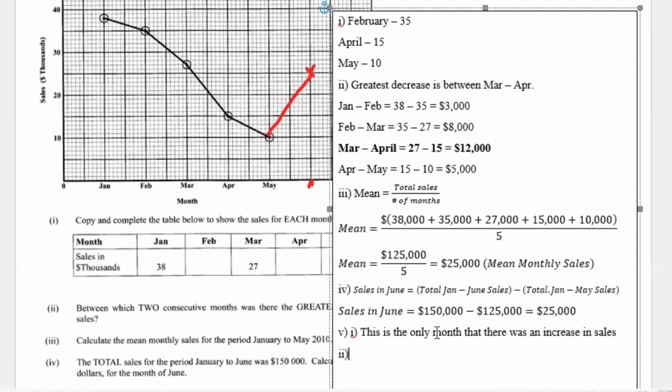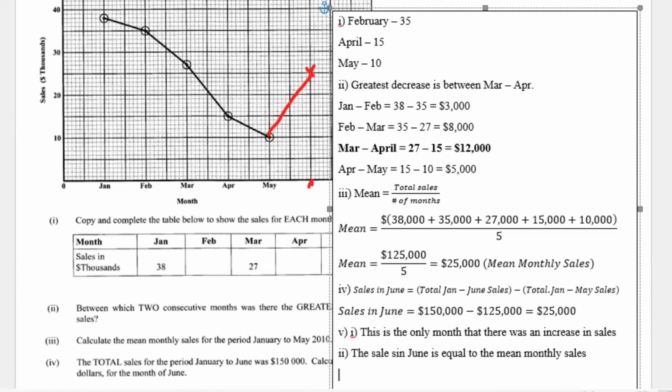Secondly, what I recognized was that the sales in June is equal to the mean monthly sales. So that is another one.